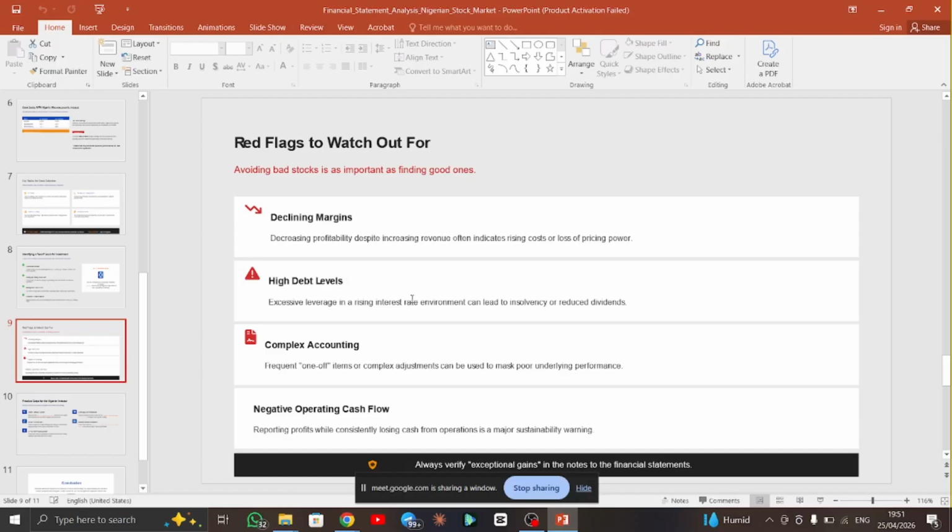And also companies that have negative operating cash flow, let's say they have more liabilities than assets. So these are red flags, and when you see them, you do not invest in such companies.